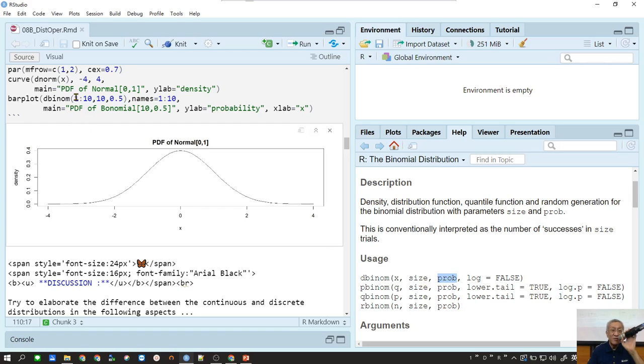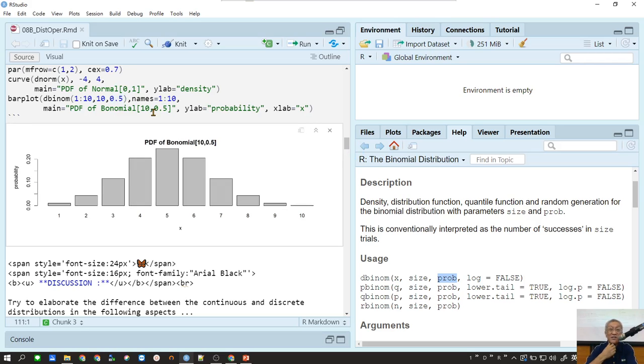This time I'm using x values 1 to 10, the number of trials is 10, and the probability of success is 0.5. If I draw this, this is what I see.